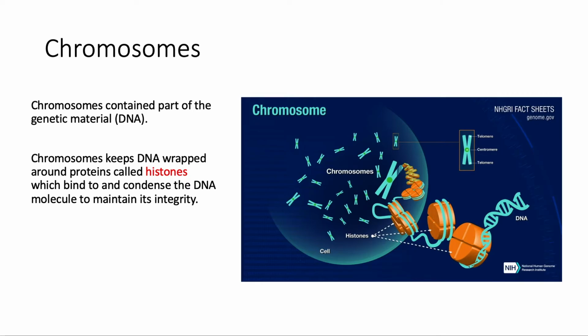So basically the chromosomes contain all this genetic material that is the DNA, and the DNA is wrapped around proteins called histones, and that is important because they maintain the integrity of the DNA in the chromosomes. And as you can see here, the chromosome has the centromere, and the region around the centromere is called the pericentromeric region.